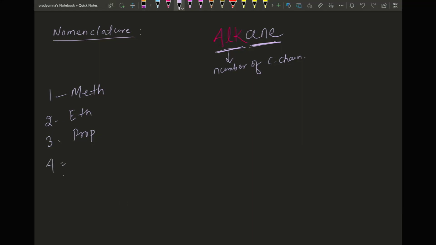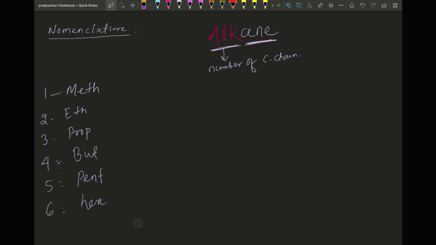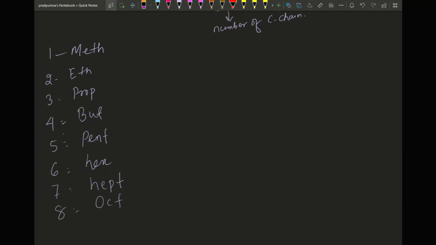Four is but, 5 is pent, 6 is hex, 7 is hept, 8 is oct, and then 9 is non, and then 10 is dec. But let's not go beyond 8.